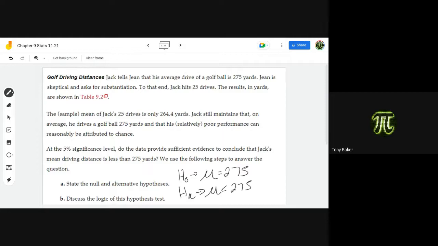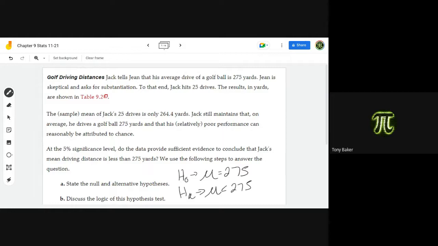what's the logic of the test? So what am I trying to show? We've got two different options, right? We have our null hypothesis and we have our alternate hypothesis. If the null hypothesis is true, Jack's average drive of his golf ball is approximately 275. It's not going to be exactly 275 because we don't know that it is exact, but we can come up, again, within that range.